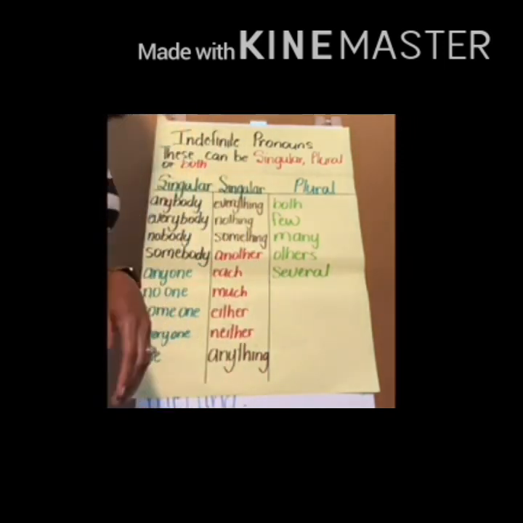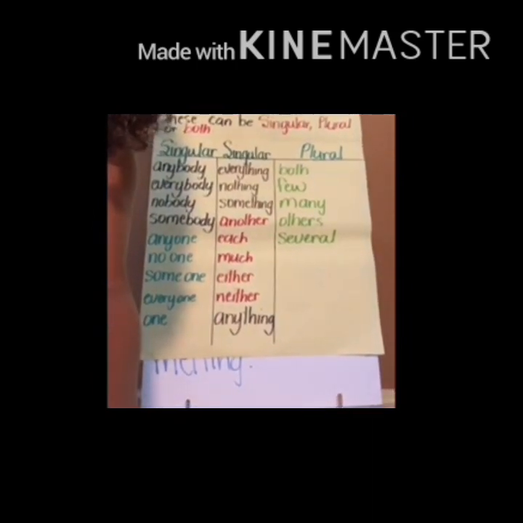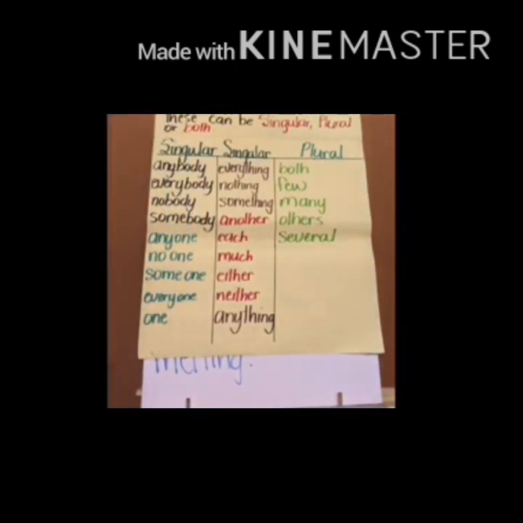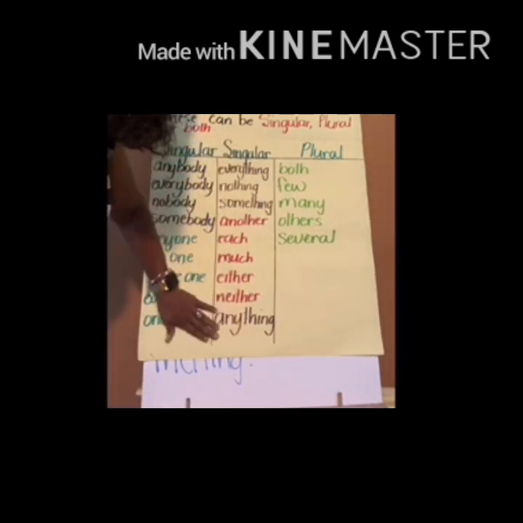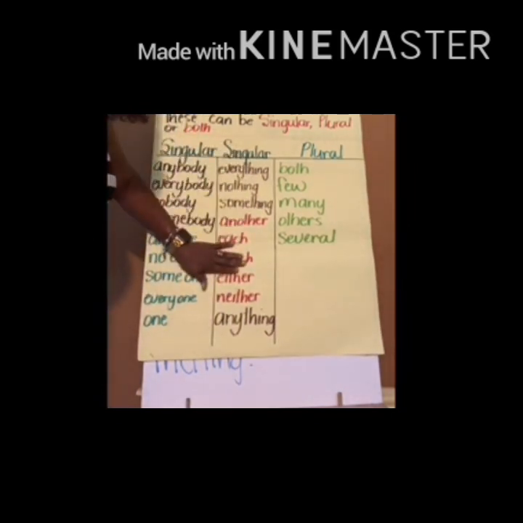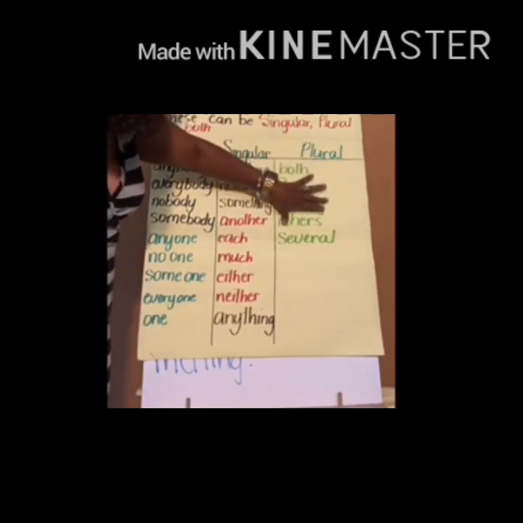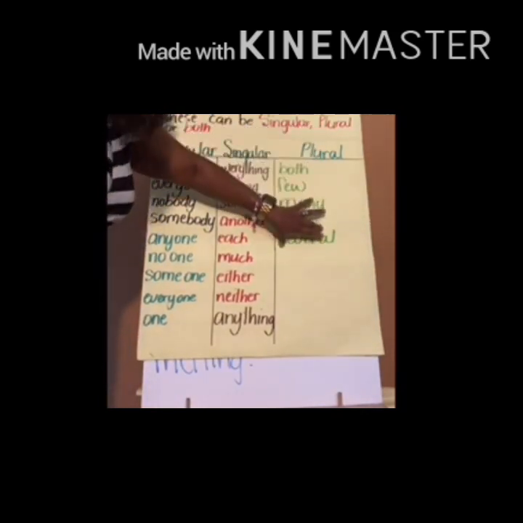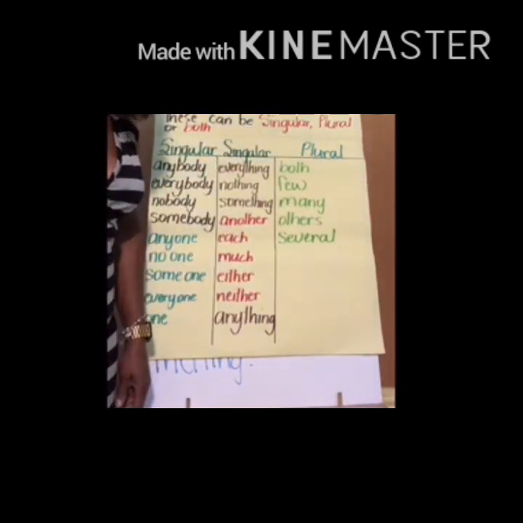Now, on my chart, let me adjust this to make sure you're seeing my chart. So on my chart, on this side, we have all the singular indefinite pronouns. And on this side, we have some plural indefinite pronouns.